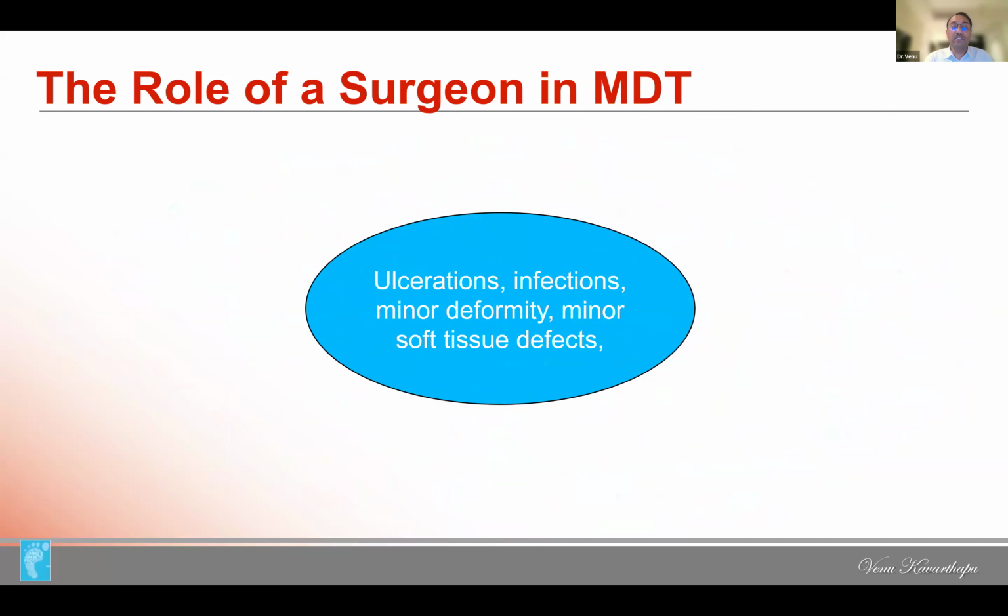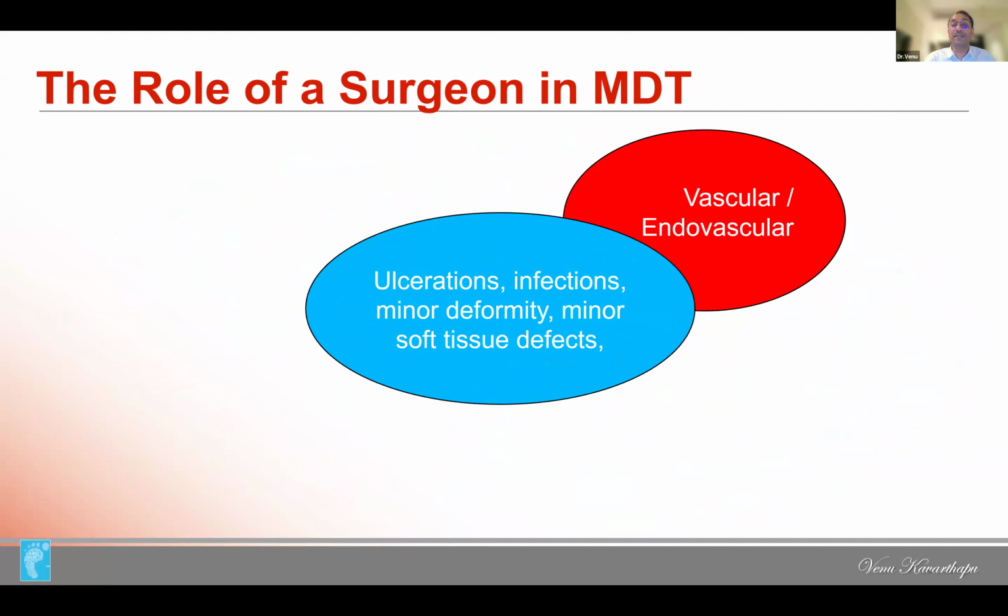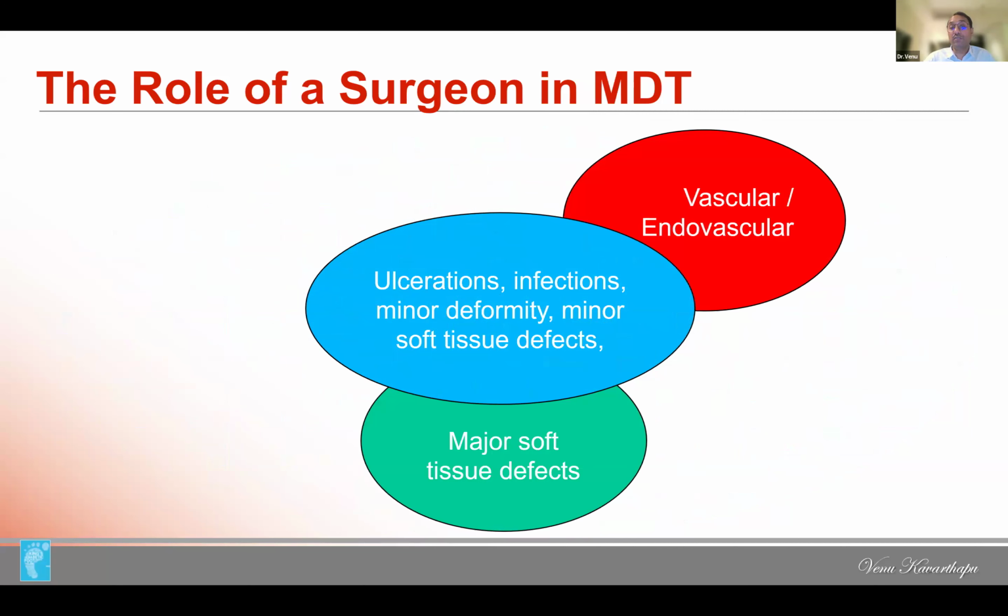So if we can categorize the common procedures for all surgical specialties: ulcerations, infections, minor deformity, minor soft tissue defects, no matter whatever type of surgeon you are in that MDT, you should be able to cover those aspects. But if there are significant vascular or endovascular pathologies, then a vascular surgeon.